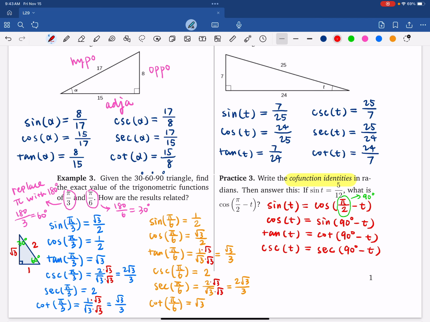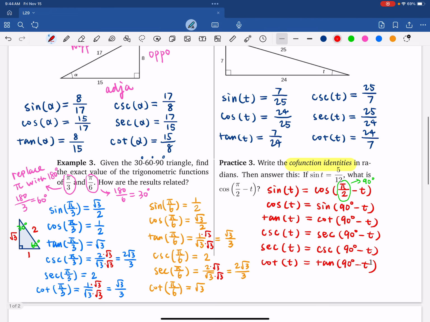You will be able to verify them. All right, so these are the cofunction identities. I would say the first 3 are the most used ones because they're the 3 main trigonometric functions.